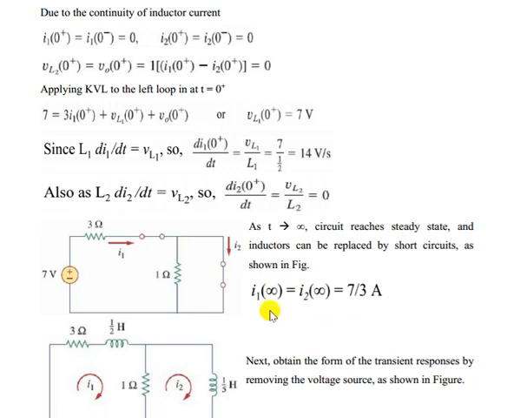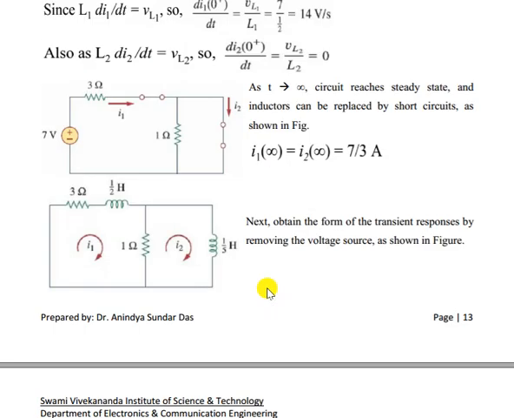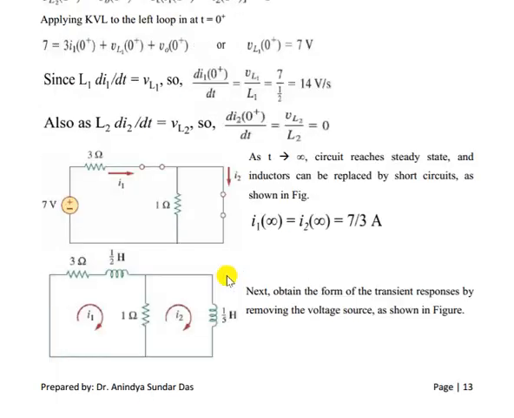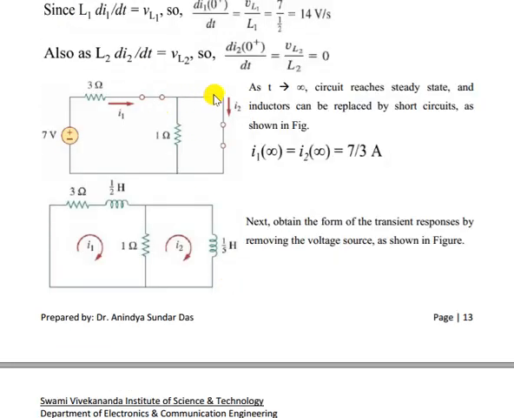Now when t goes to infinity, both inductors become short circuited. Then what is the current flowing? This part becomes a short circuit, so the current is nothing but 7 by 3 ampere.